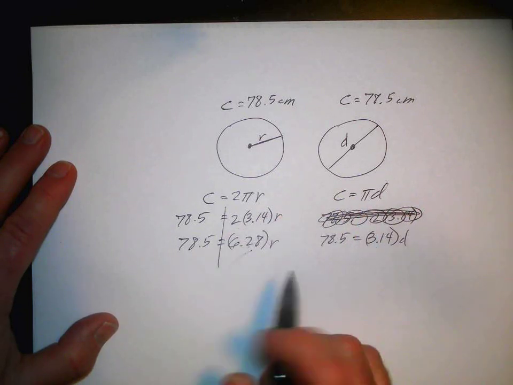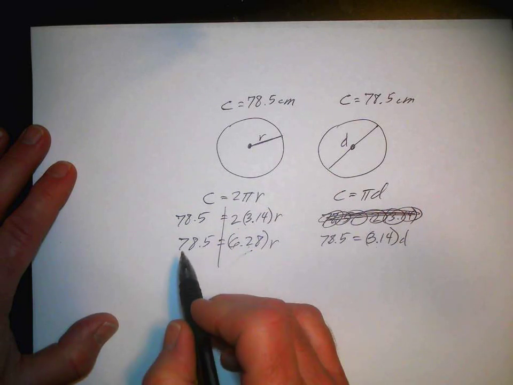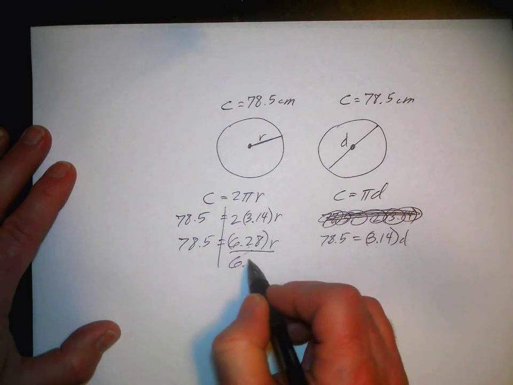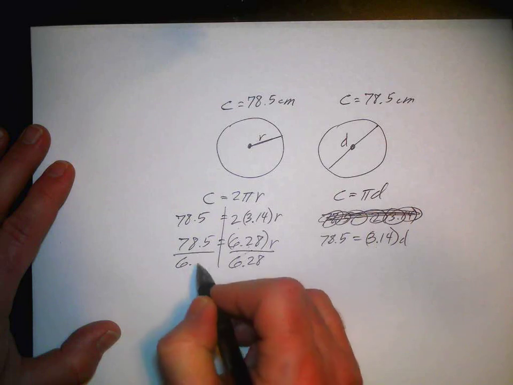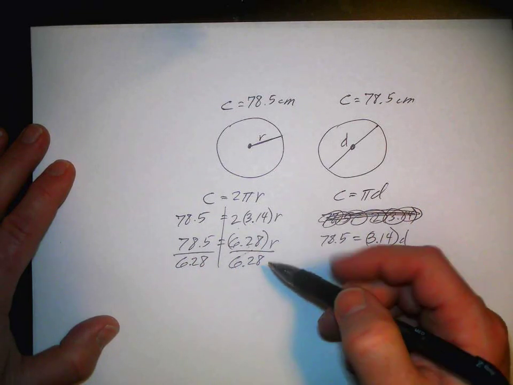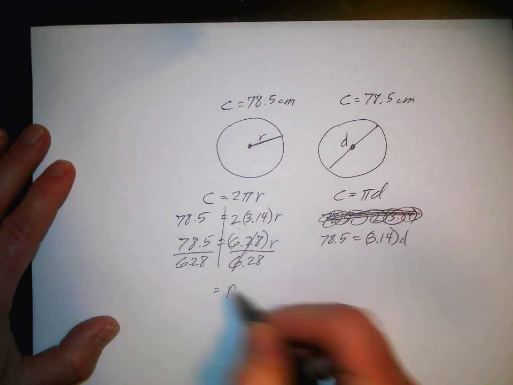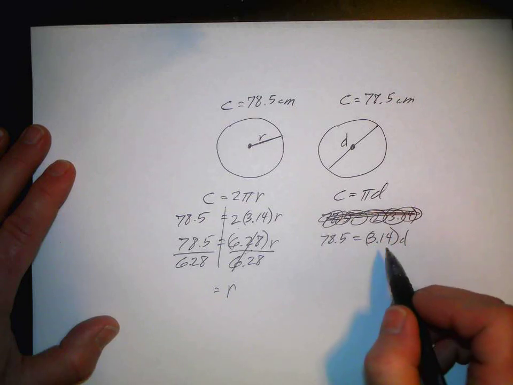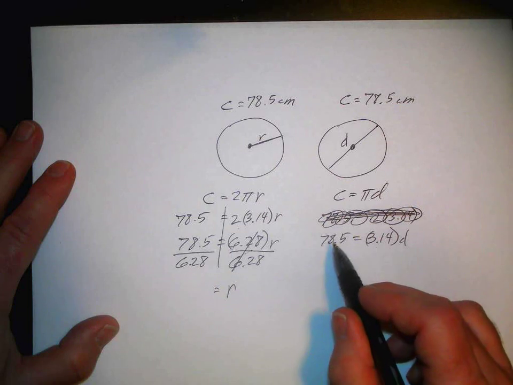So something times 6.28 equals 78.5, which means if we divided this side by 6.28 and this side by 6.28, 6.28 over 6.28 is 1. So this is going to cancel out, and all I'm going to have over here is r. Over here, something times 3.14 equals 78.5.